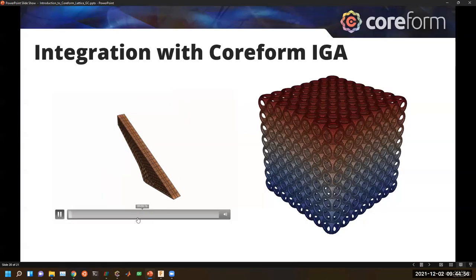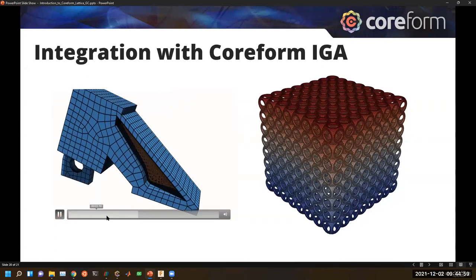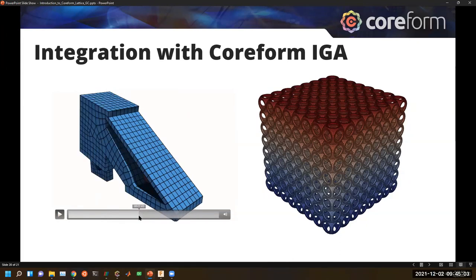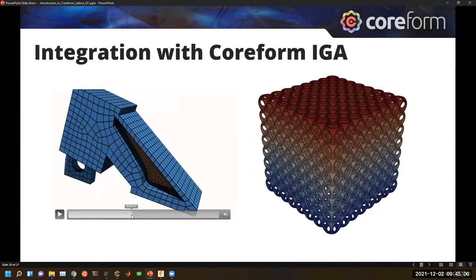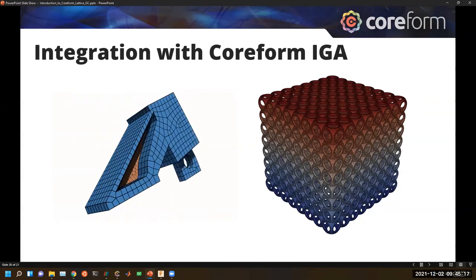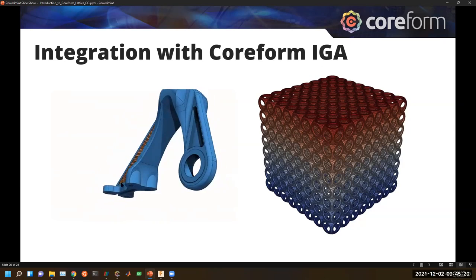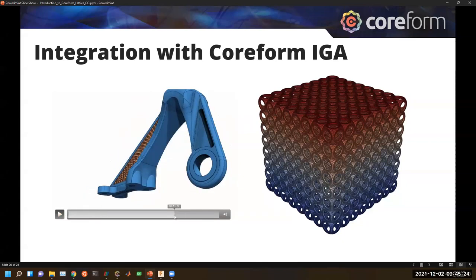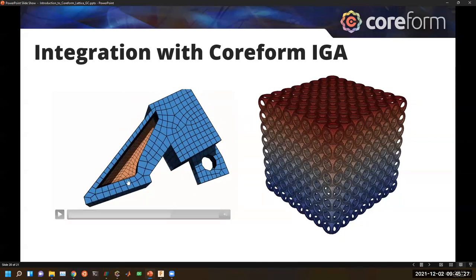Whoops. Let me pause this video. So what I'm showing here on the video on the left is this partially body fitted, but mostly immersing mesh that we can use to simulate our solid region, as well as we also use the U-spline background mesh, if I can ever get this pause to work, to provide the immersing mesh for the lattices.